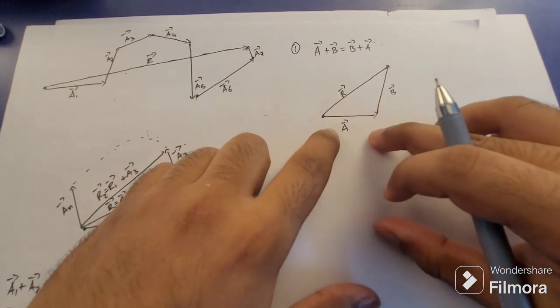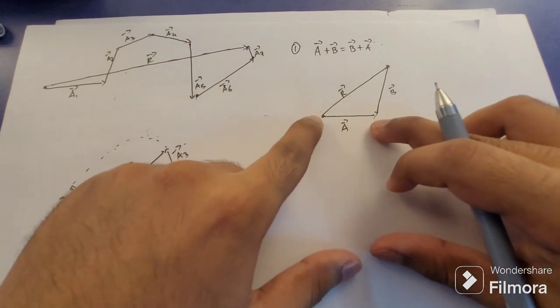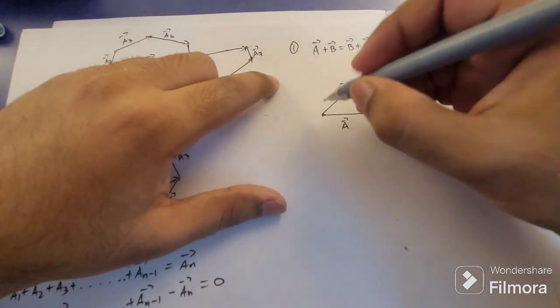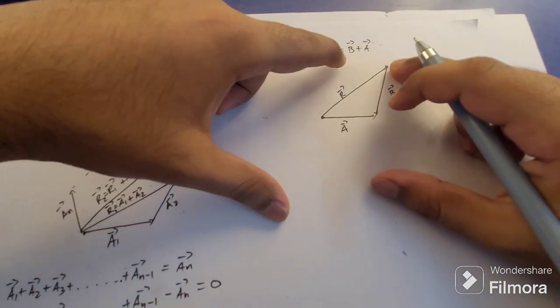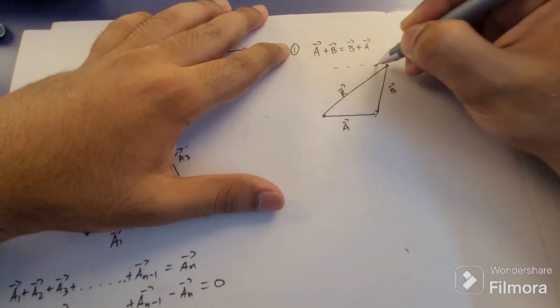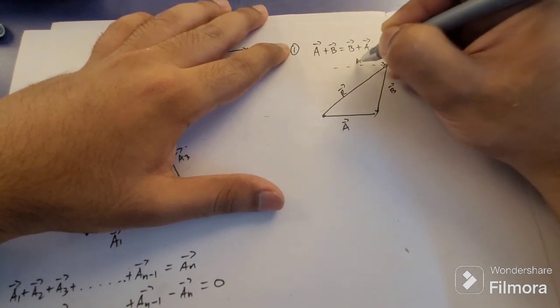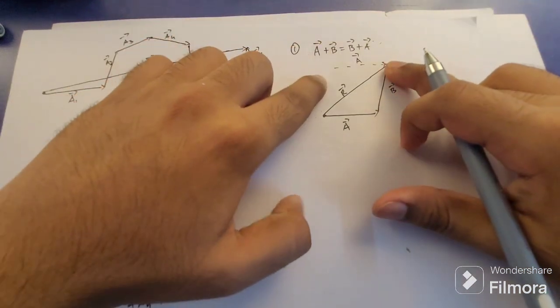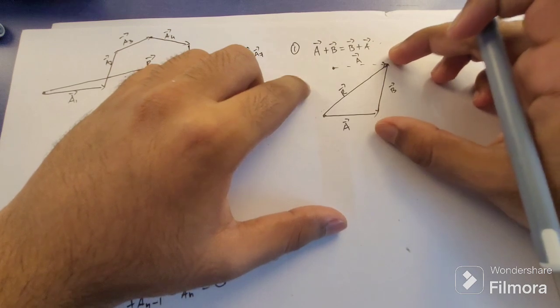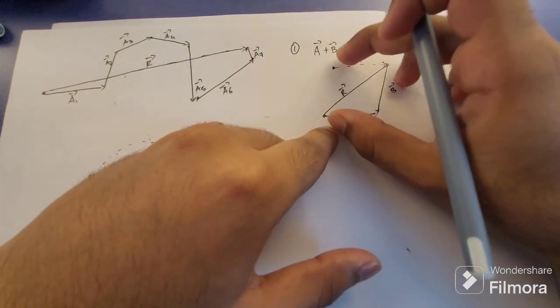Now let us parallelly shift a vector along the length of b vector. So I parallel shift a vector along the length of b vector. So I get something like this. This is the new position of a vector, and let us parallelly shift b vector along the length of a vector.